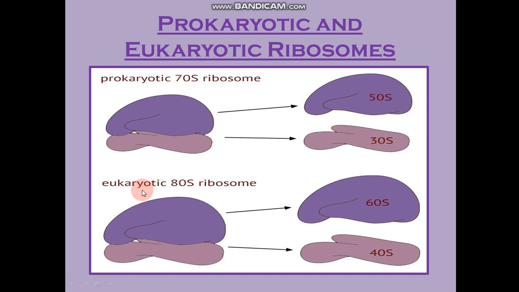Coming on to the eukaryotes, eukaryotes have the 80S ribosome, and these ribosomes are also made up of two subunits, the larger one called 60S and the smaller one called 40S. Okay, 60 plus 40 is 100, but we are not writing 100S, we are writing 80S. So this can be one point of confusion which you all need to understand.